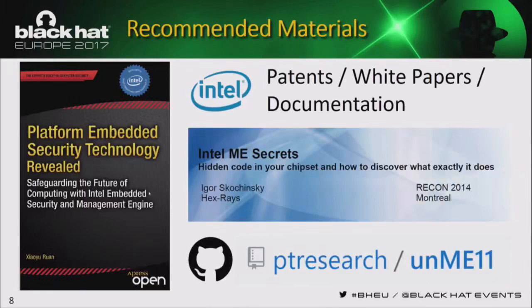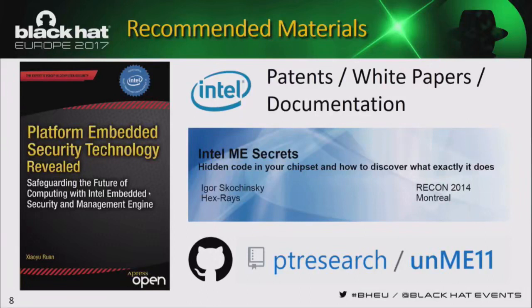If you're interested in ME in general, I strongly recommend reading this perfect book, because it helps understand what it's really for and describes, not in detail but in a very useful way, how ME handles security, and we will speak about security today. Also, a great presentation is Intel ME Secrets by Igor Skochinsky.